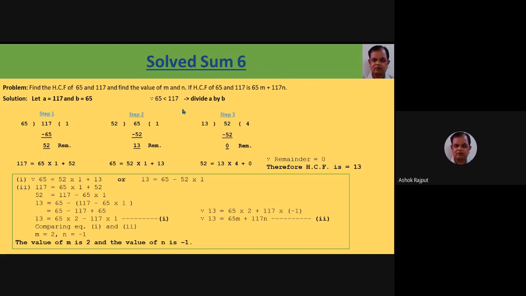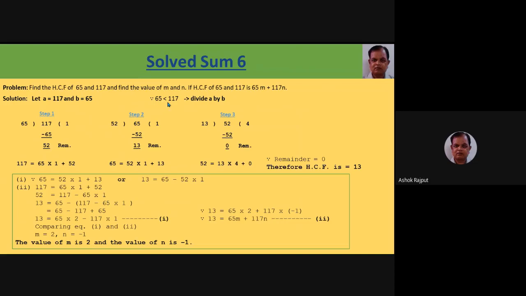Then we compare and find the values of m and n. So first we find the HCF of the given two numbers. Let a equal 117 and b equal 65.